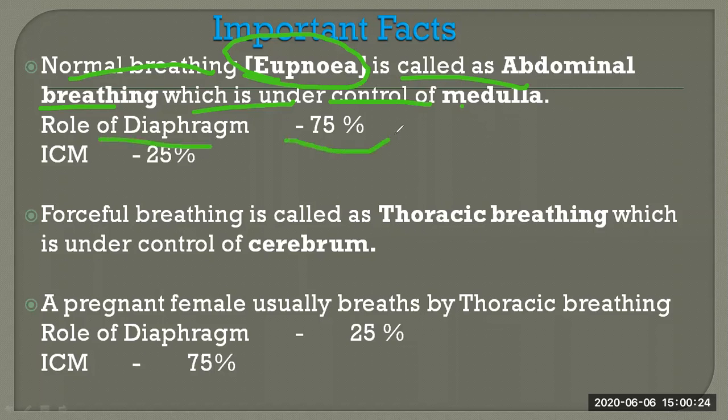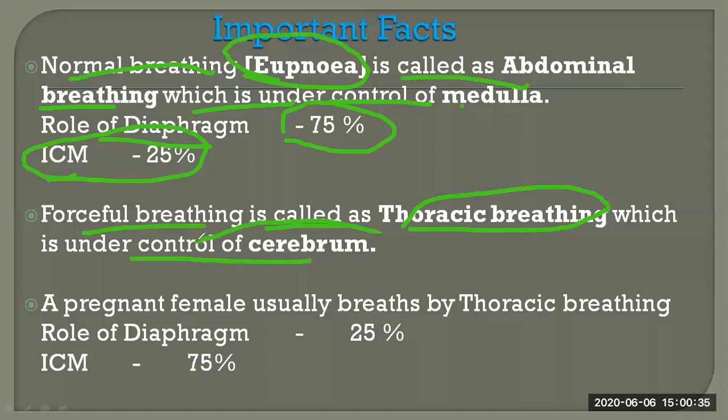Here the role of the diaphragm is 75% and intercostal muscles 25%. Forceful breathing is called thoracic breathing, and it is under the control of the cerebrum, the anterior and largest part of the brain.